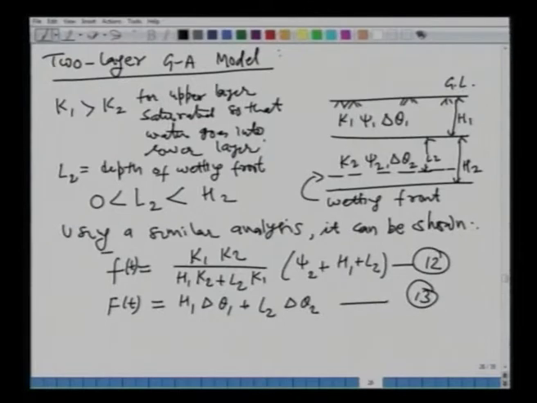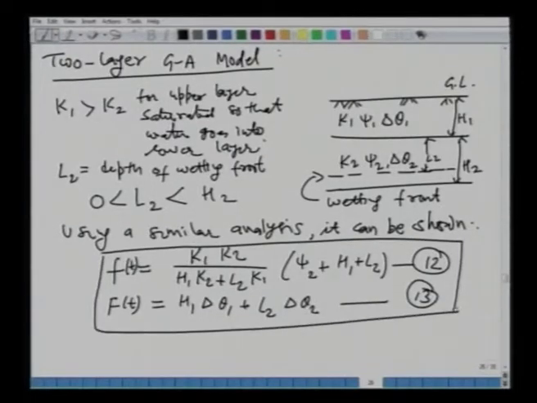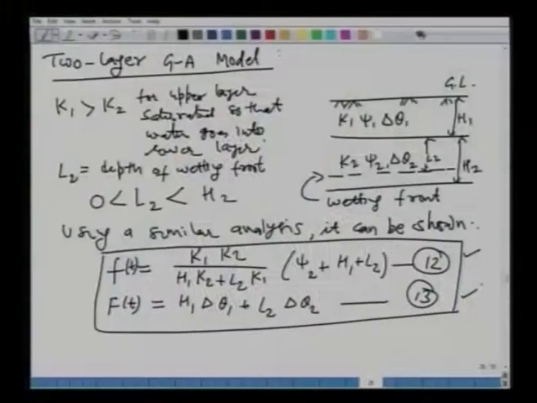So, let me put both of these equations in a box, which represent the Green-Ampt equation for a two-layer model. If we have a field condition in which there is more than one type of soil, then we can still use the Green-Ampt method to find the infiltration, using equations 12 and 13.